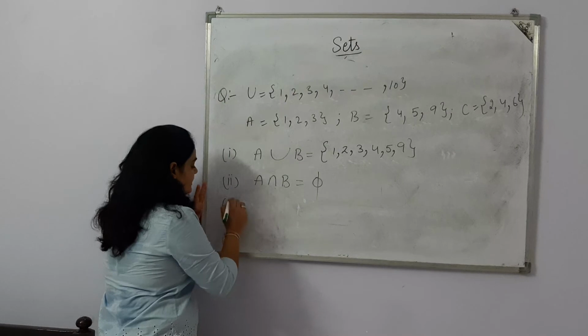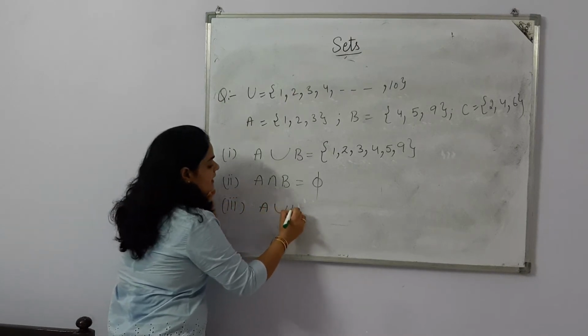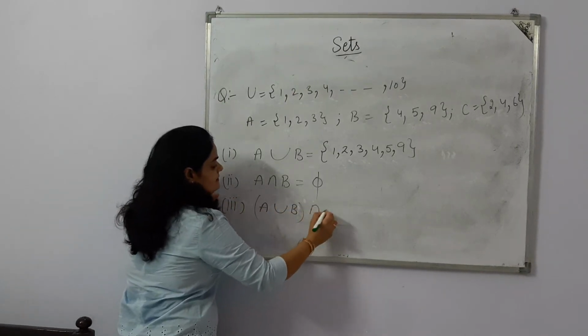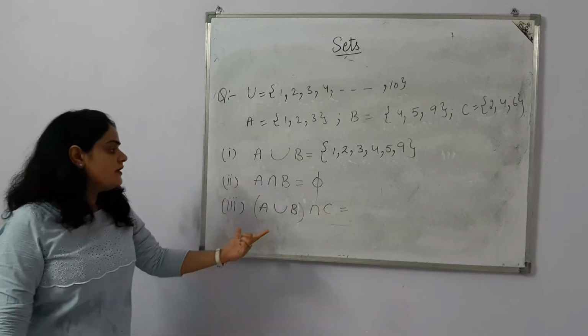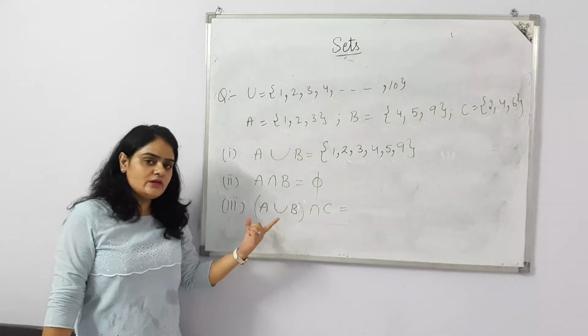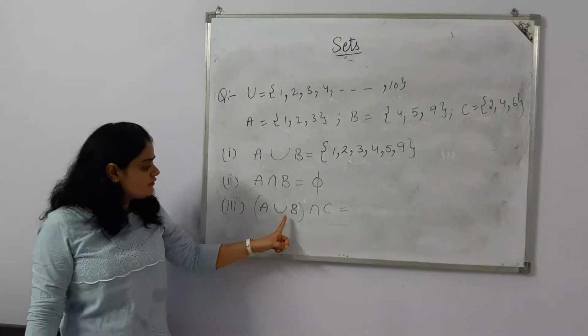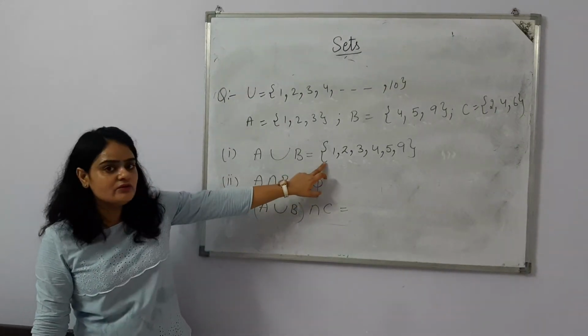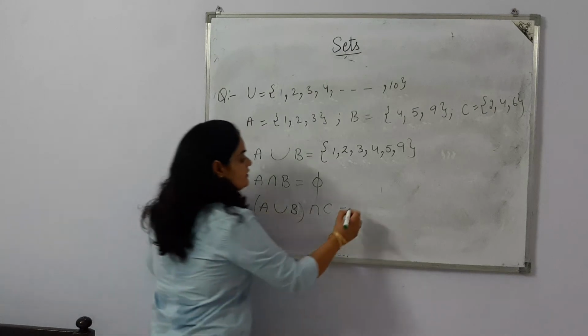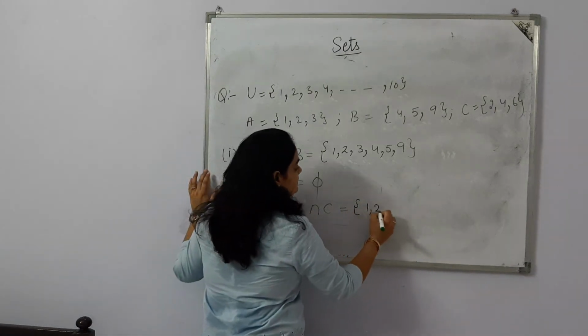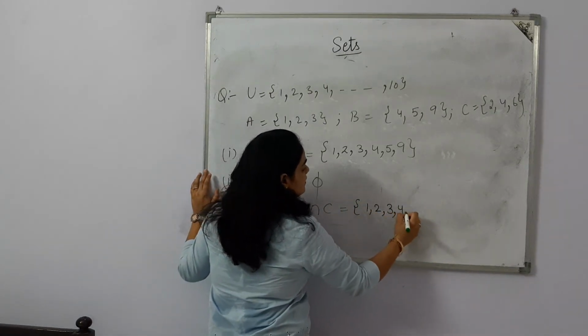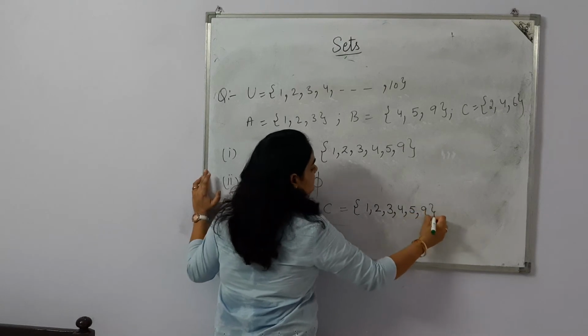If you have to find (A union B) intersection C, union in the bracket, BODMAS rule is applicable, that means we'll have to solve the bracket first. So we'll have to find A union B. We have already found it out: 1, 2, 3, 4, 5, 9.